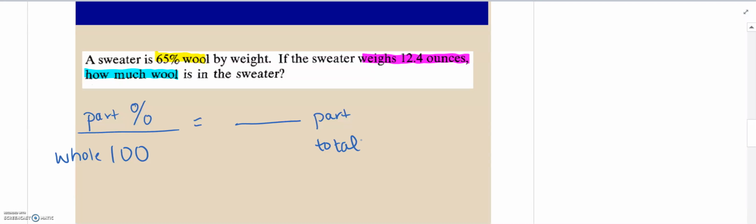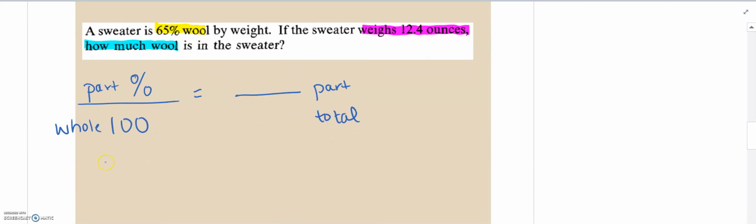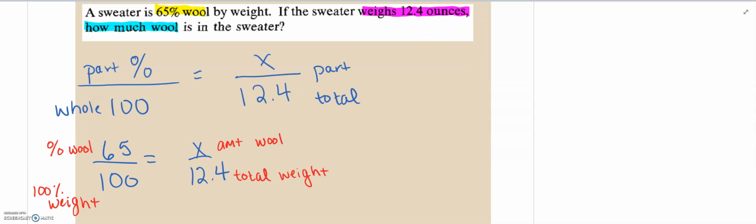So what would we put where? Well, obviously 65% is our percent, so that goes over 100. If the sweater weighs 12.4 ounces, how much wool is in the sweater? In this case, since the amount of wool is what we're looking for, x is going to go across from 65%.